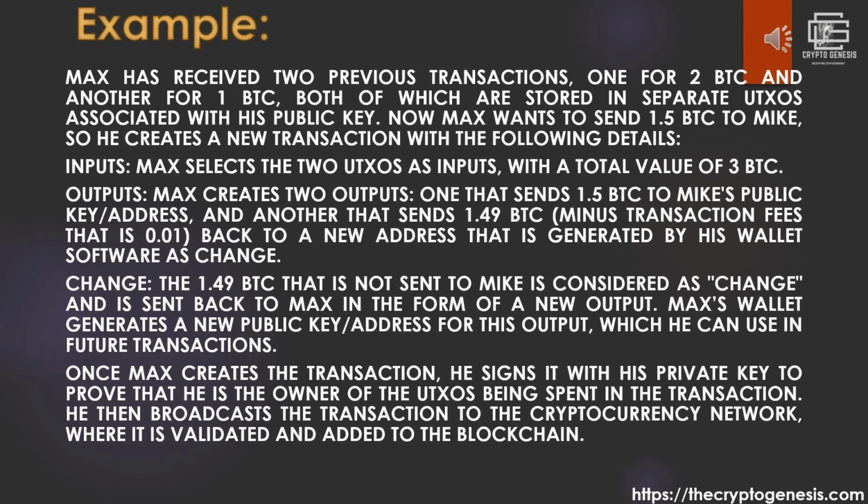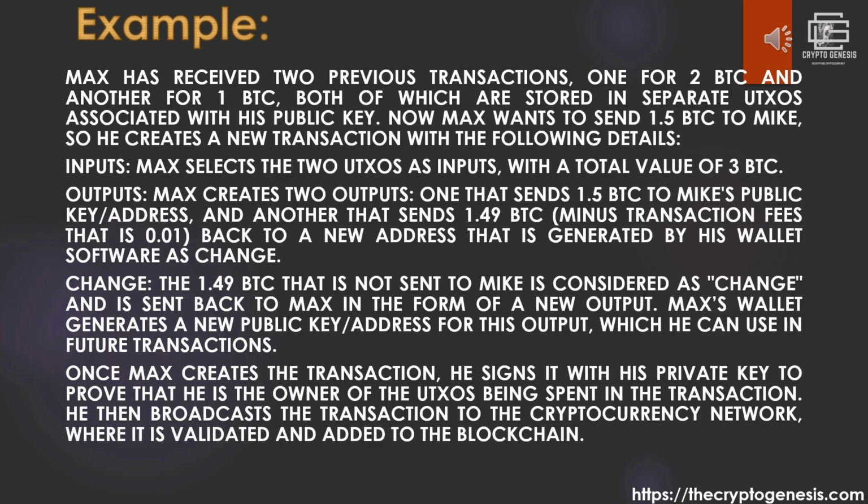In the end, I will explain the components of a cryptocurrency transaction through an example. Suppose Max has received two previous transactions, one for 2 BTC and another for 1 BTC, both of which are stored in separate UTXOs associated with his public key. Now Max wants to send 1.5 BTC to Mike, so he creates a new transaction with the following details. Inputs: Max selects the two UTXOs as input, a total value of 3 BTC.